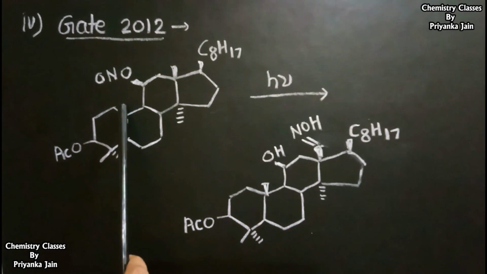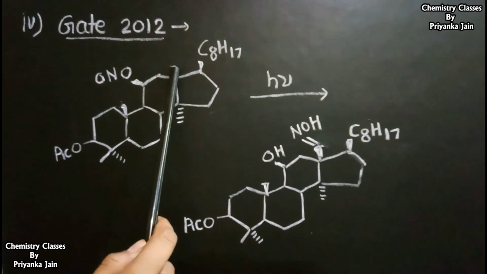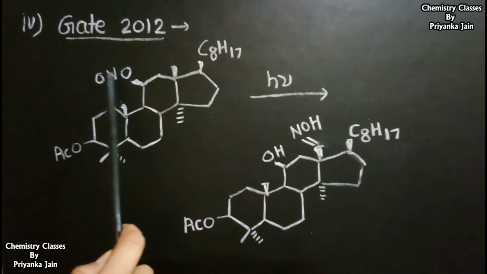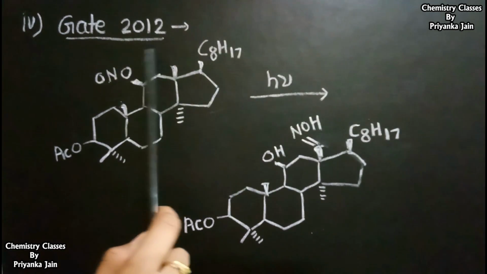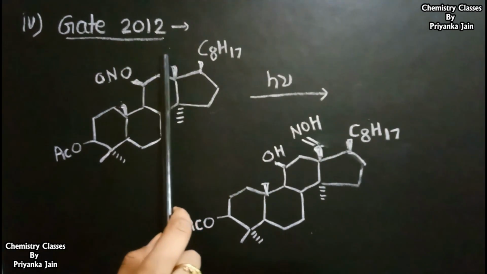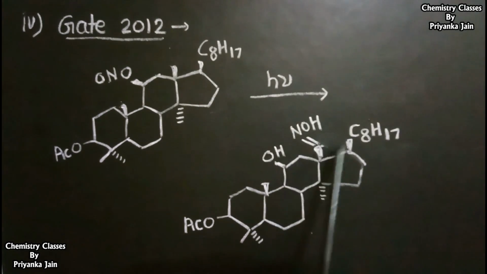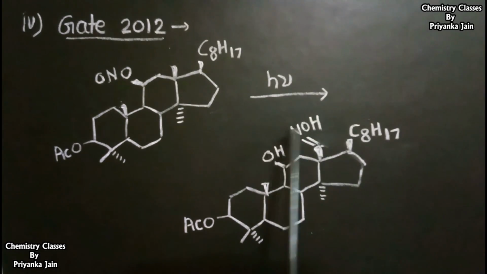Another delta hydrogen is present here. Now which hydrogen will be abstracted? Obviously this hydrogen is most approachable by this ONO group. So this will be abstracted, and as a result of this the oxygen group is put here. So the oxygen group is introduced here and we get this product. This will be our product.